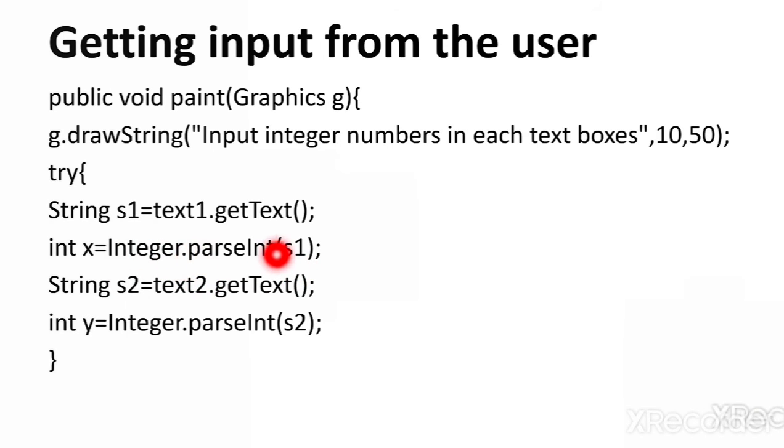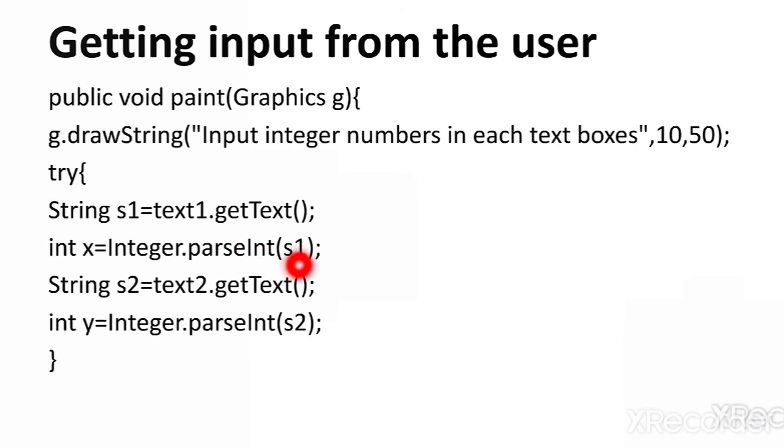The parseInt method will try to convert a string into integer type. So I'm making use of that parseInt method to convert the value of string s1 into an integer. I am writing Integer.parseInt, where I is a capital letter, parseInt of s1.